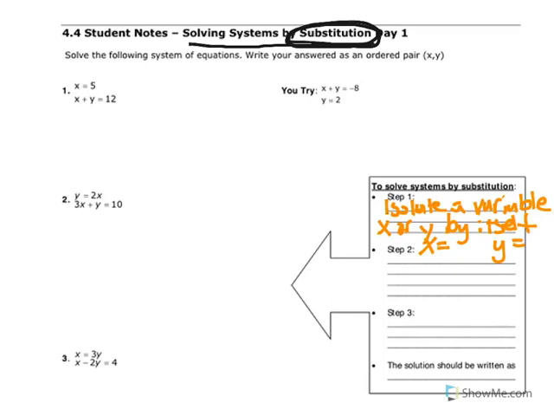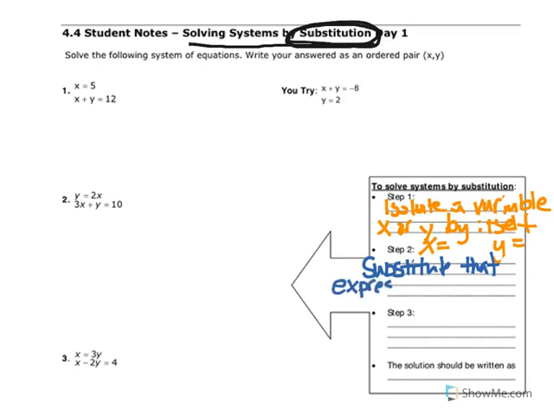The second step is to substitute that number, or that expression. I'm going to say expression because it's not always a number. Sometimes it's numbers and letters.